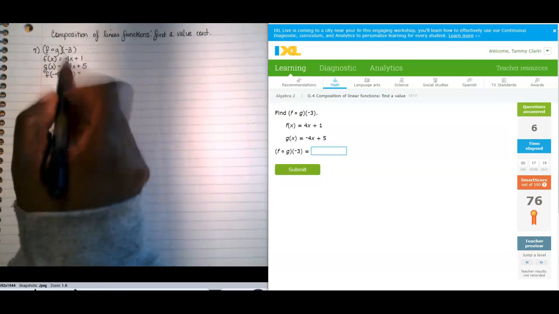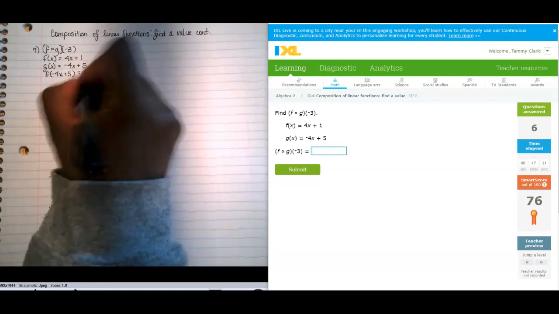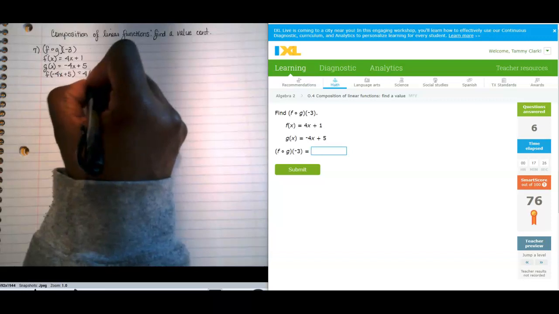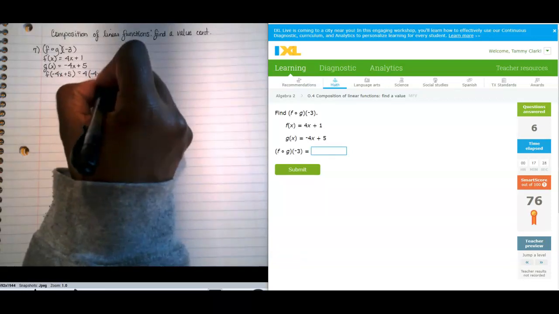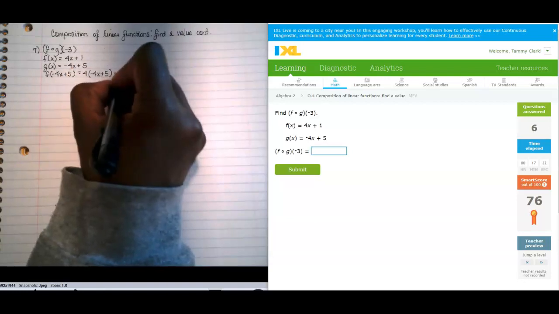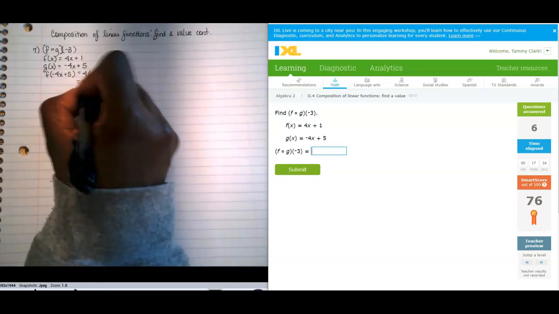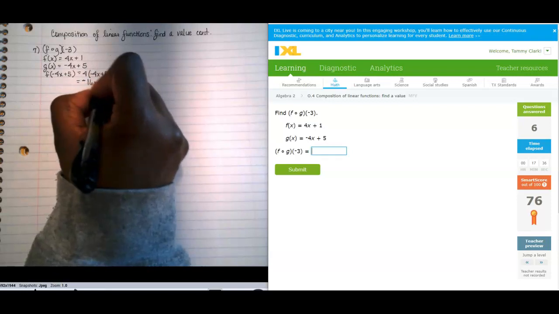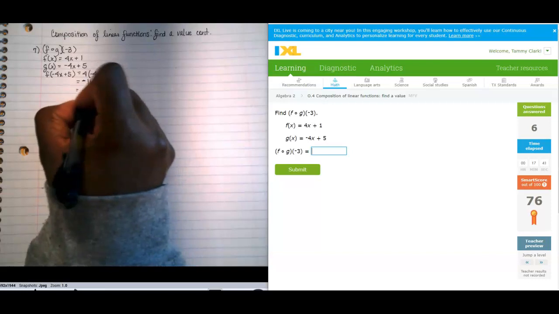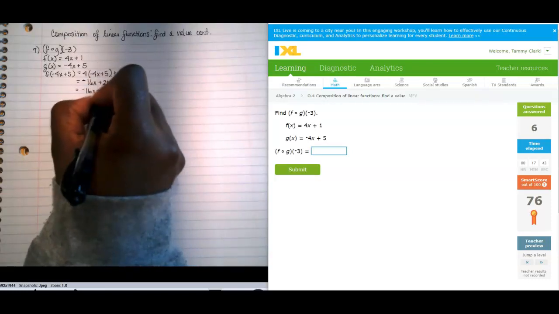And where I have this equation here, instead of x, I'm going to put negative 4x plus 5, close my parentheses, and then put plus 1. Distribute, so I have negative 16x plus 20 plus 1. That gives me negative 16x plus 21.